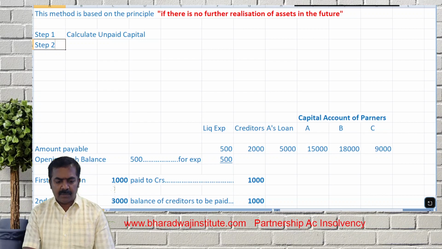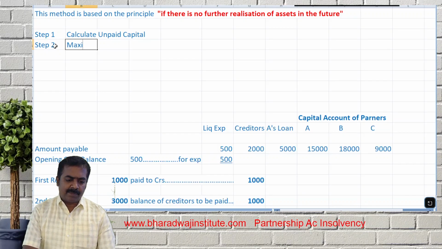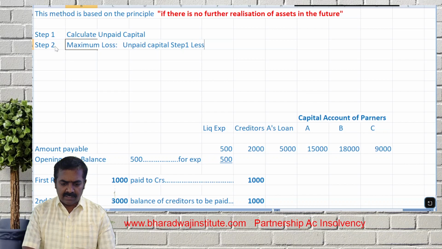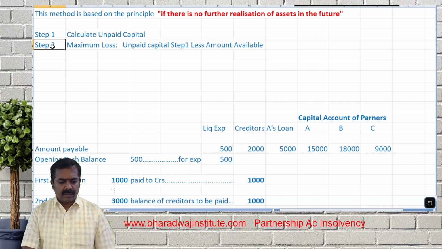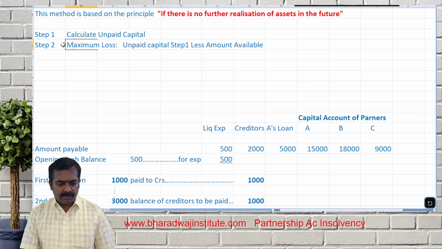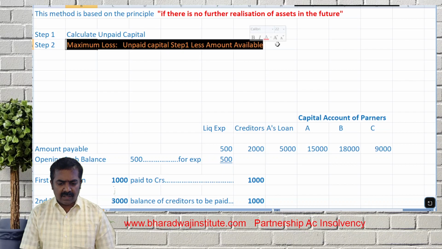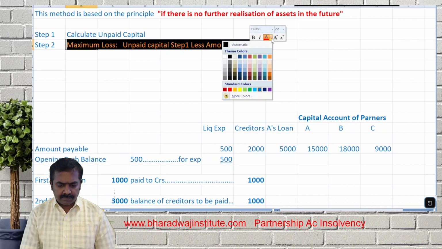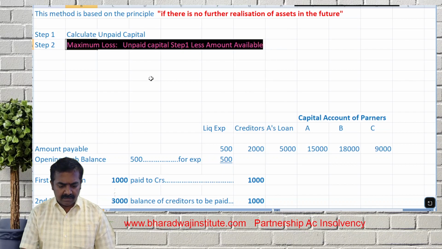Next, step 2. Please continue only in theory. Maximum loss is equal to unpaid capital, that is from step 1, less amount available. How to work out maximum loss? Unpaid capital minus amount available.